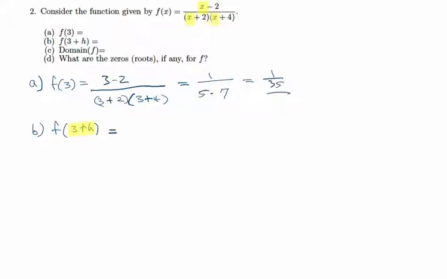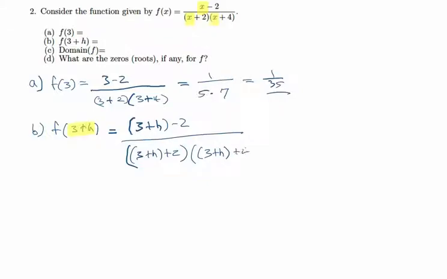So instead of x, I'm going to put parentheses 3 plus h minus 2 over 3 plus h plus 2 times 3 plus h plus 4, like this. So these are the input. Instead of x, 3 plus h is the input quantity.